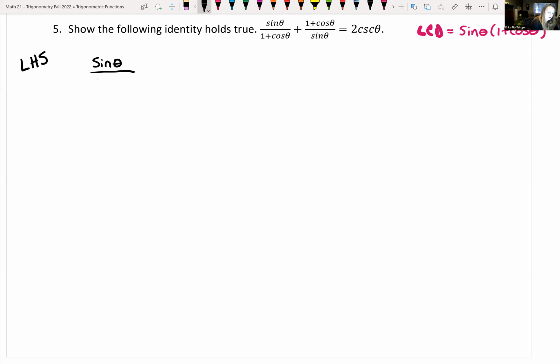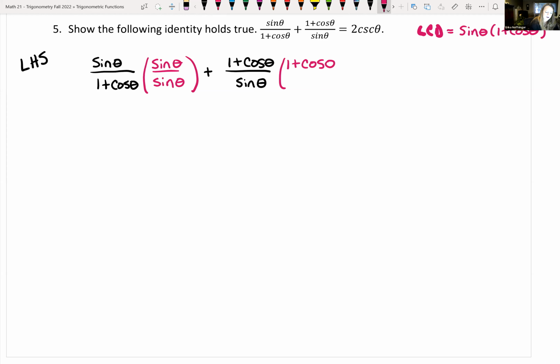So I have sine theta over 1 plus cosine theta, and let's multiply that by a fancy one to get the common denominator: sine theta over sine theta. Plus, in between, I have 1 plus cosine theta all over sine theta. To get the common denominator for this fraction, we're missing the 1 plus cosine theta, so we multiply both the numerator and denominator by 1 plus cosine theta.